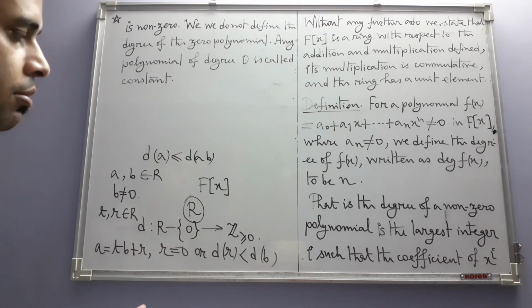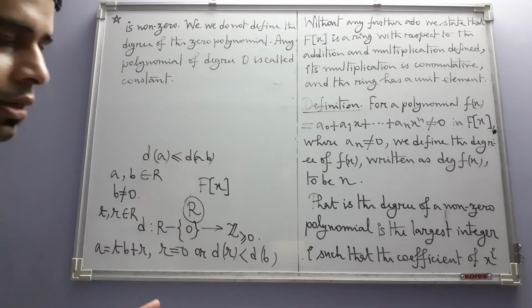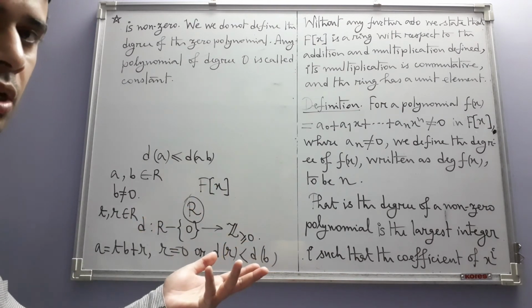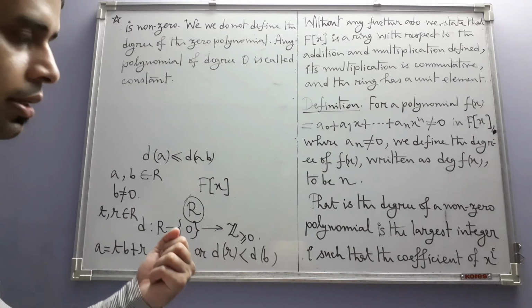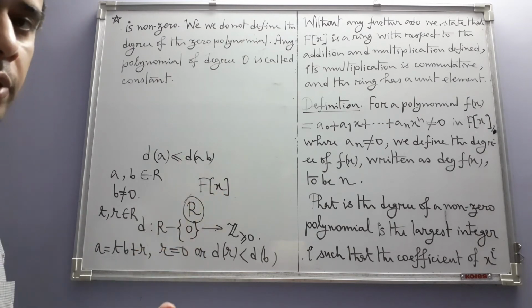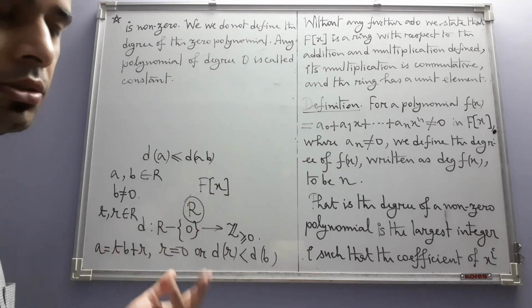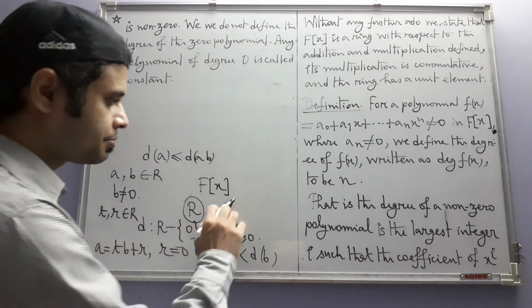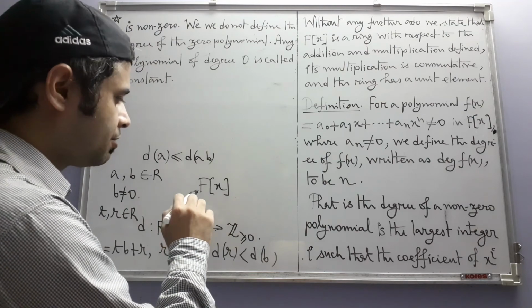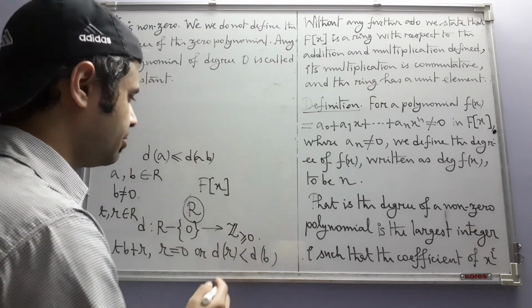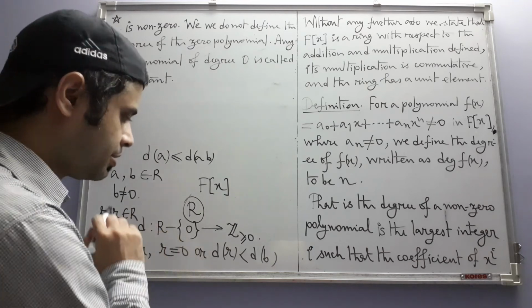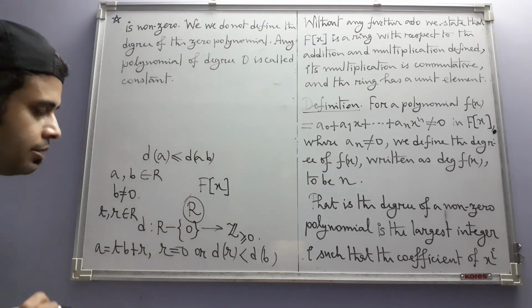Now we want to show that F[x] is a Euclidean ring, and we will see that the degree of a non-zero polynomial will turn out to be ultimately the d function that we need in this ring to make it a Euclidean ring. You can already see some properties. We have defined degree of only non-zero polynomials, just like we define the d function for only non-zero elements in a Euclidean ring.